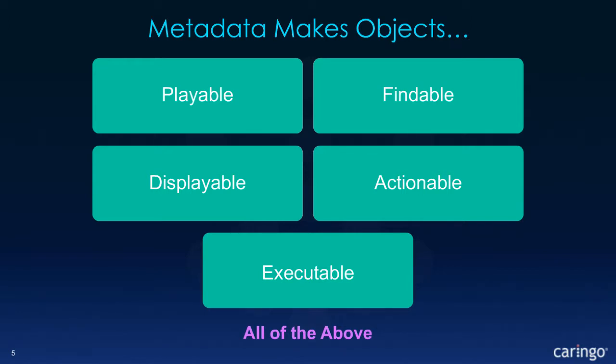And it will make them actionable insofar as you can operate programmatically on those objects, and you can construct searches and executions like, for every object that matches these criteria, please perform this action.